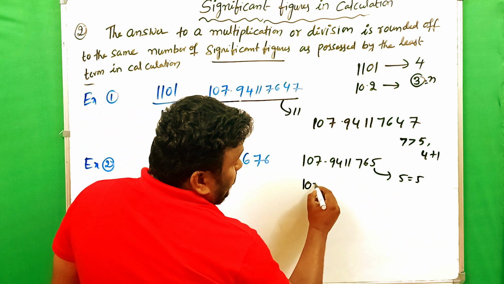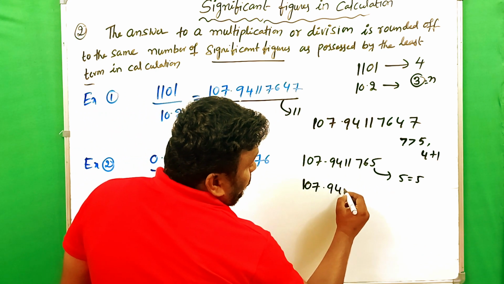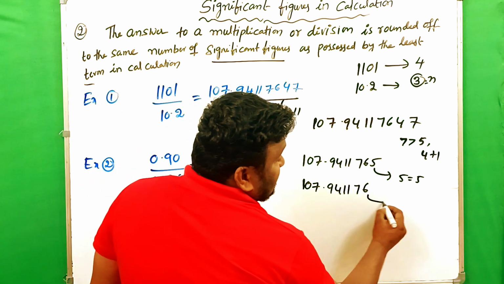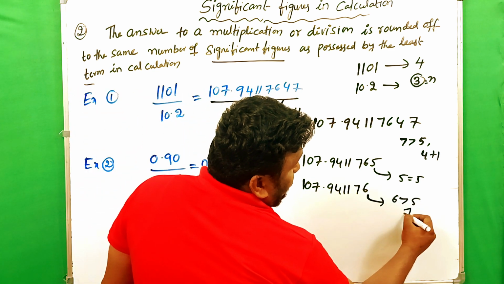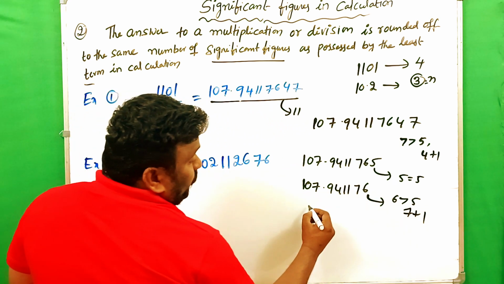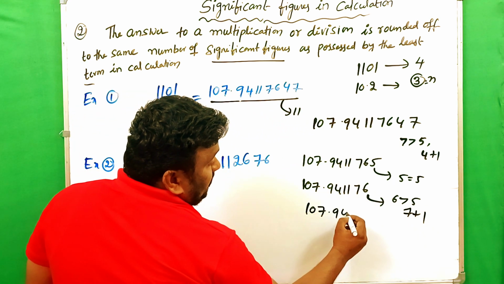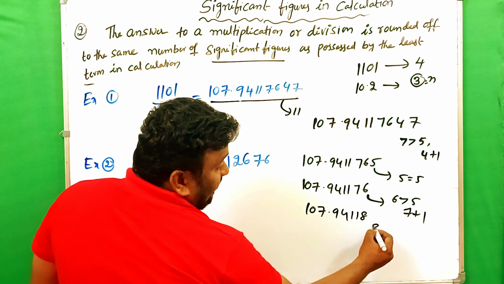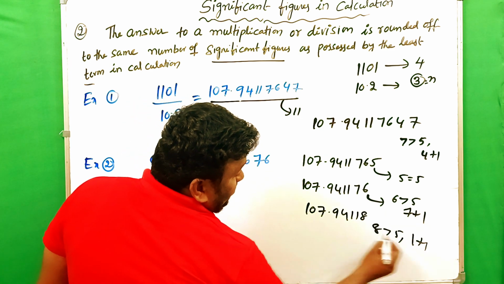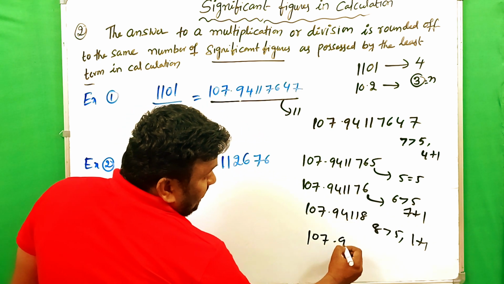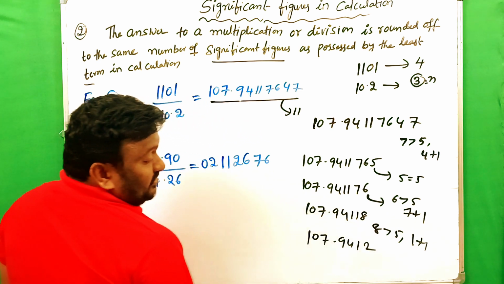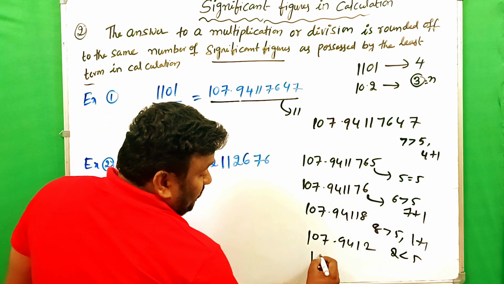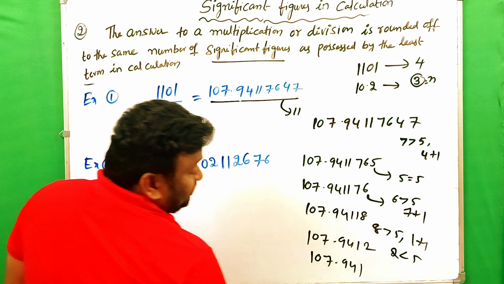We can write 107.941176. Clear. And this 6 is greater than 5, that's why 7 is increased by 1. Then what is here? 107.9411, it is 8. So now 8 is greater than 5, that's why 1 plus 1, then 107.9412. Clear. This 2 is less than 5, that's why it is going to be dropped. 107.941.